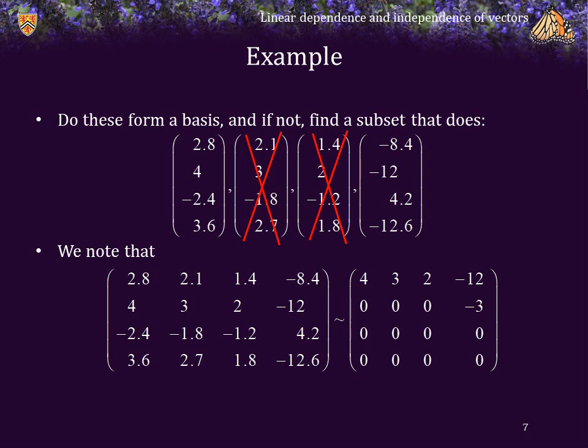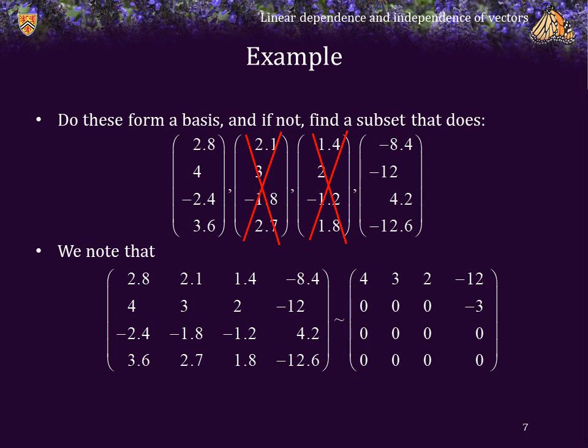Actually, you can see that vector 2 is a scalar multiple, 3/4, of vector 1, and vector 3 is also a scalar multiple of vector 1. Basically, it's half of vector 1.